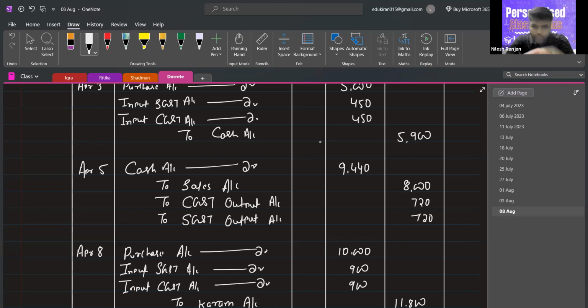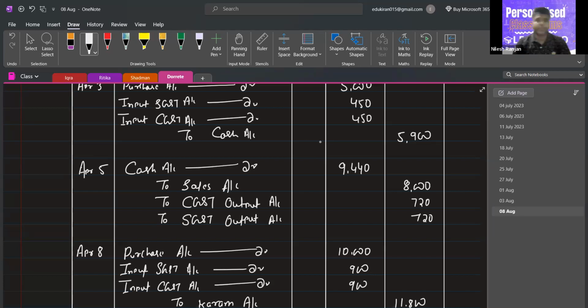So it is called input GST. And the amount which we will pay to the government directly is called output GST. It is generally along with sales. So with purchase, it is always input GST. With sale, it is always CGST, output GST, you can say.